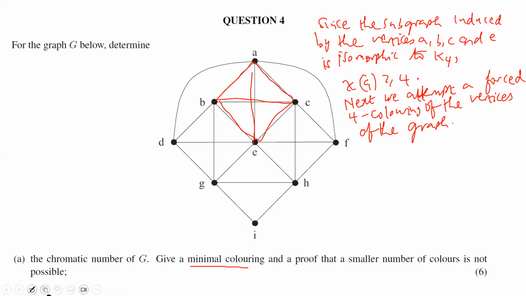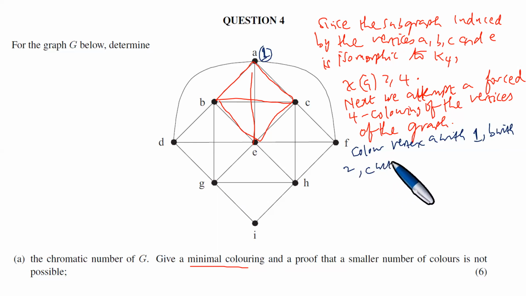What do we do here? Color vertex A with 1, B with 2, C with 3, and E with 4.